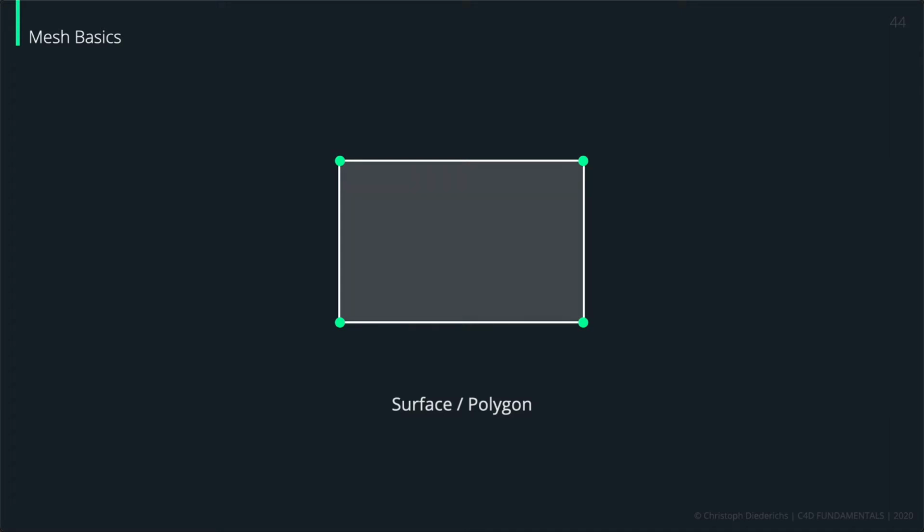Now the polygon can also consist of only 3 points, so that we have something like a triangle, and it can also consist of 5 points or 6 points or 7 points and so on. A very important concept in Cinema and in a lot of mesh-based 3D applications is that we always try to keep our polygons four-sided, and we will come to why that is important a little bit later on.